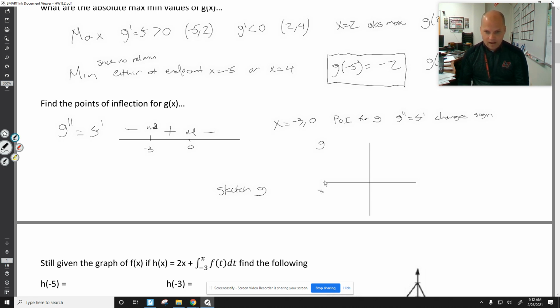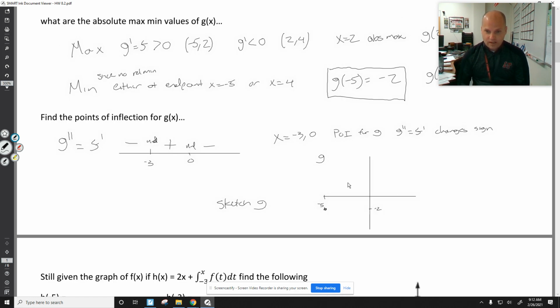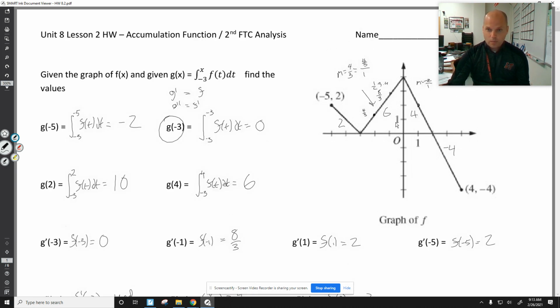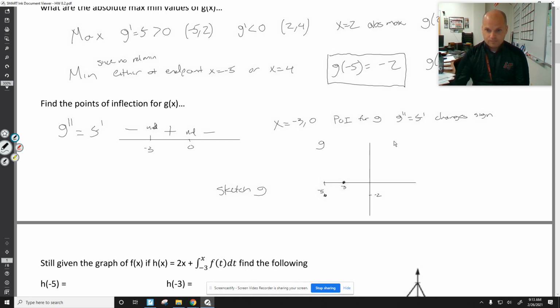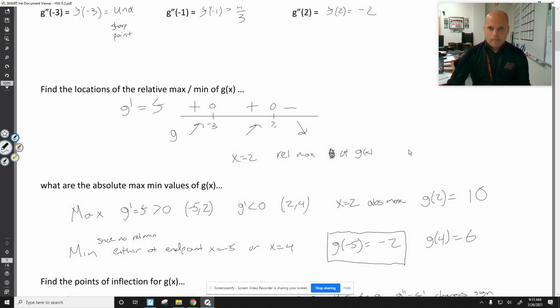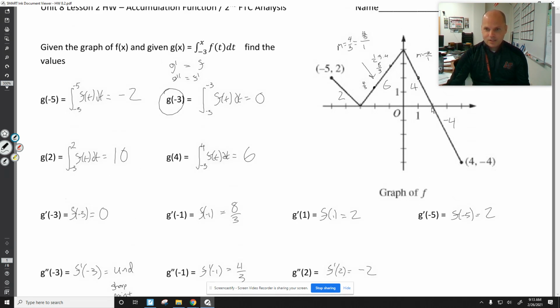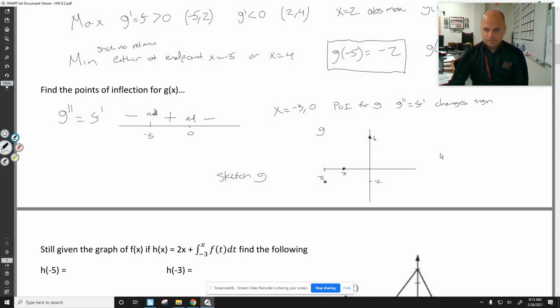At negative 5, I'm at the y coordinate of negative 2. At negative 3, I'm at a y coordinate of 0. At 0, I know I'm going to be at a y coordinate of 6. At 2, I'm at a y coordinate of 10.